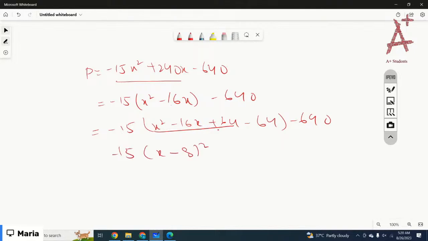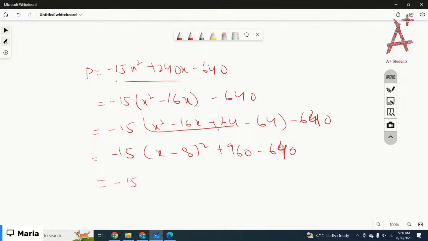x minus 8 whole square, right? And then negative 15 times negative 64 is positive 960, minus 640.